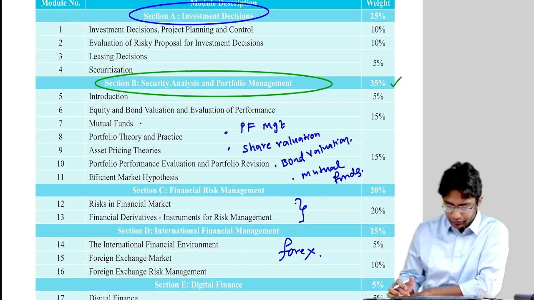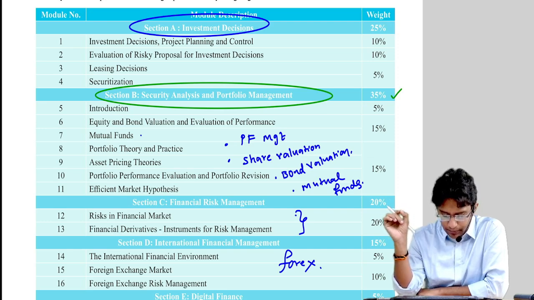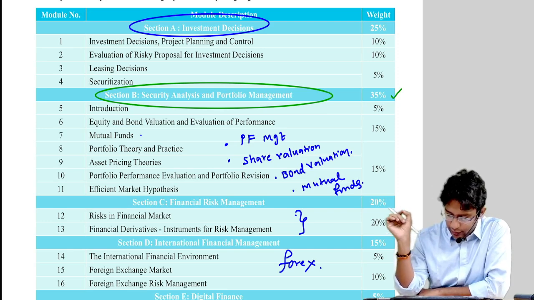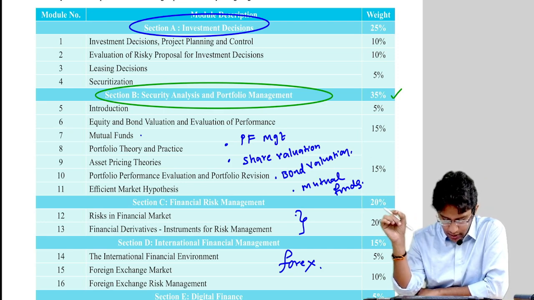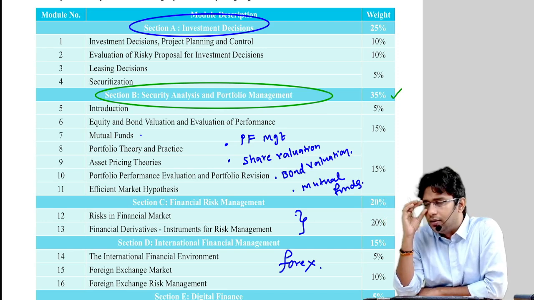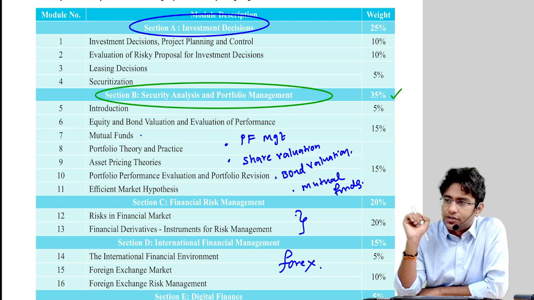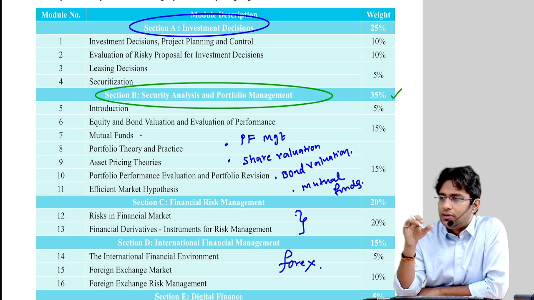So if you see section A, investment decisions, section B, share valuation, bond valuation, and section C, the derivatives chapter, in these 3, we need application of time value of money concepts. Now, time value of money is something you might have learnt at your inter level. So, how good are you with your time value of money concepts?